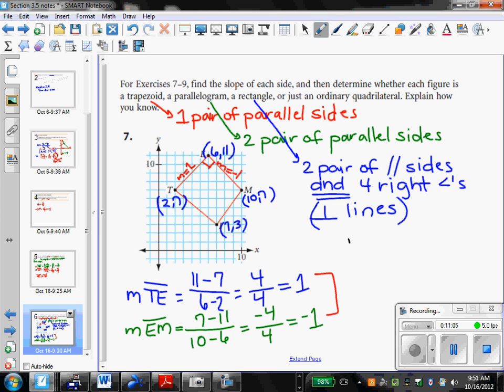So let's find the slope between M and I. Line segment MI, I have 7 minus 3 over 10 minus 7. So my slope is 4/3.